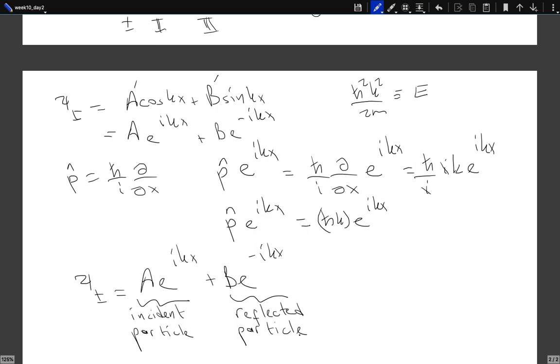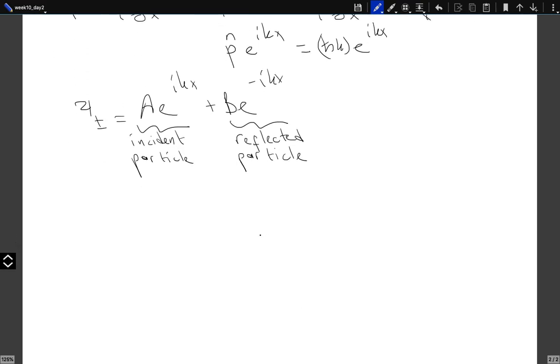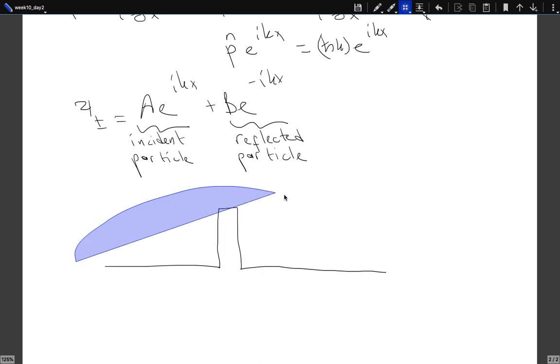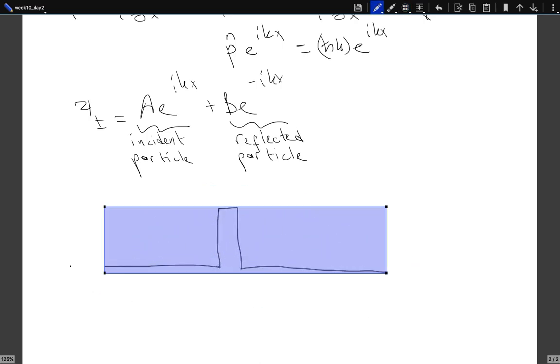Now, the problem over here is, we had discussed the time-dependent Schrödinger equation. That describes how the system evolves in time. Now, in this problem, let's say this is our potential.